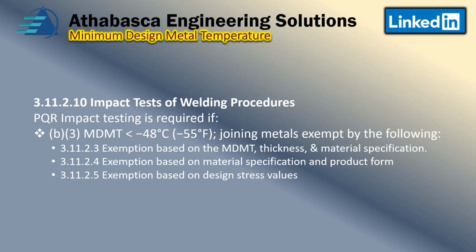It is exempt from impact testing based upon the material specification and the product form. And the third is the exemption based upon the design stress values. This is very similar to what was talked about earlier.